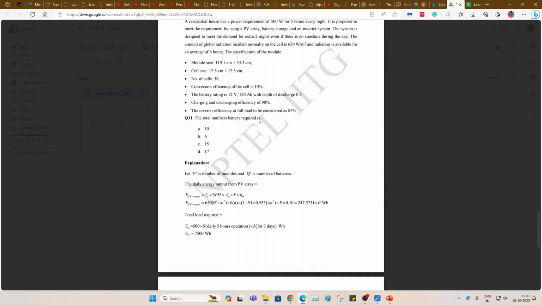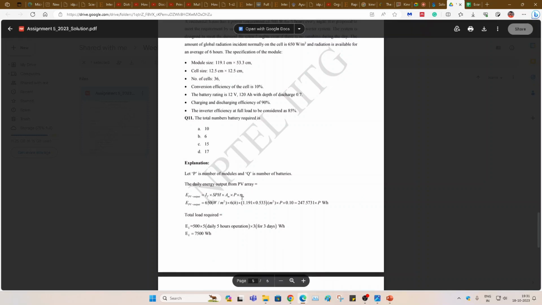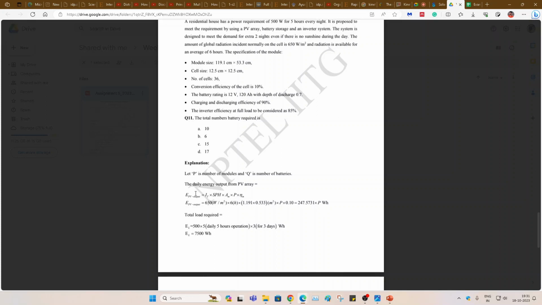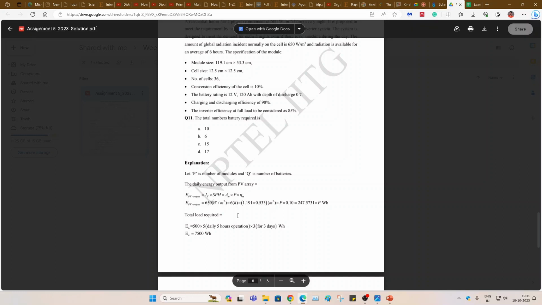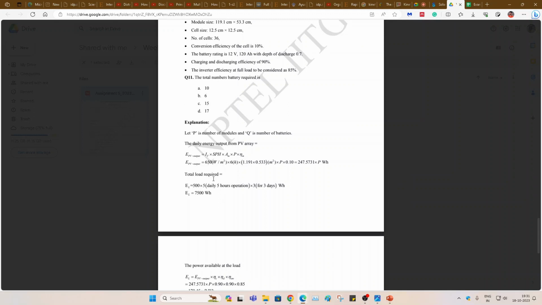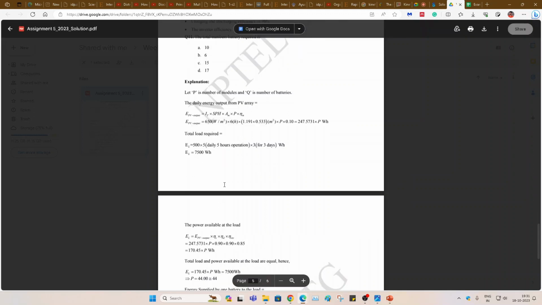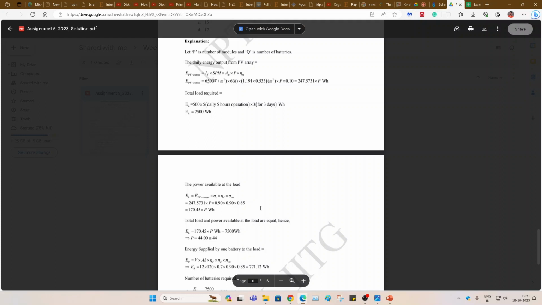Generally, there are simple formulas. This can be easily remembered, na? This formula is: SPH into AM into P into efficiency into power into area into this radiation term. So that can be easily calculated. Based on that you can calculate the load, then divide it and get the total number of batteries, etc.